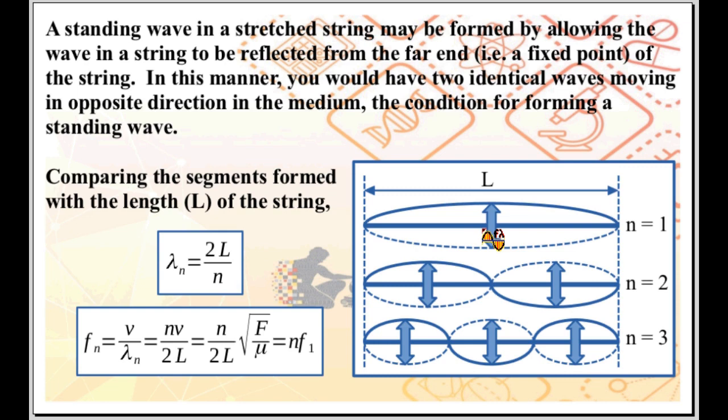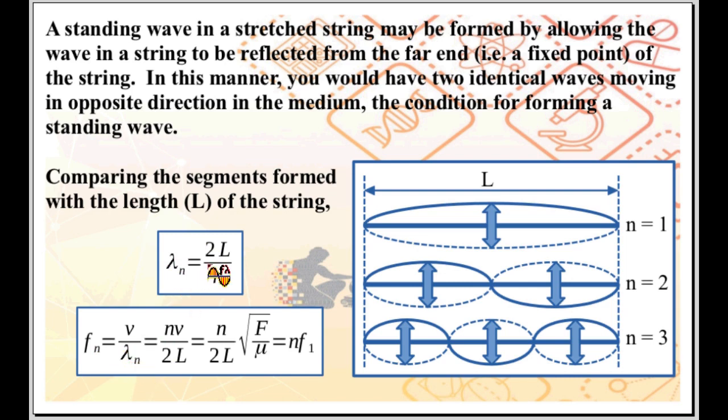Our standing wave is still a periodic wave, so we use the equation for speed of a periodic wave, v is equal to f lambda. Using lambda n, we have f n is equal to v over lambda n.